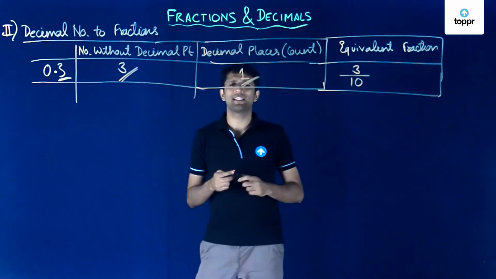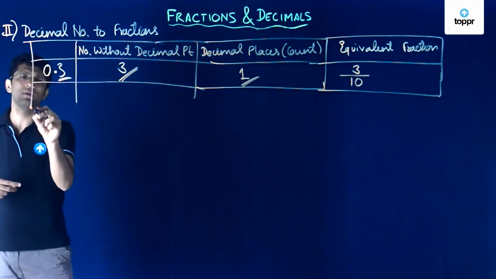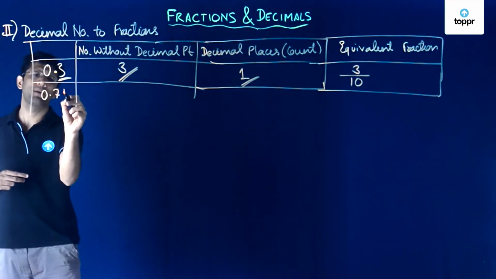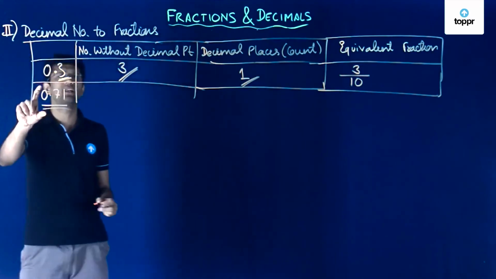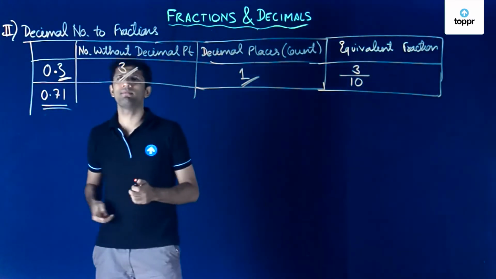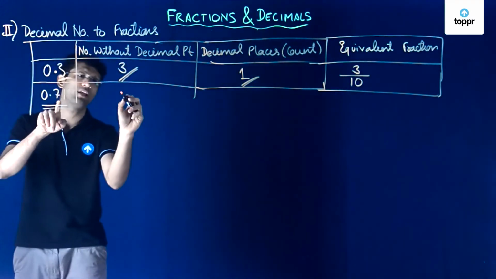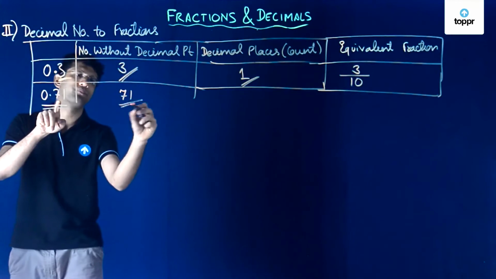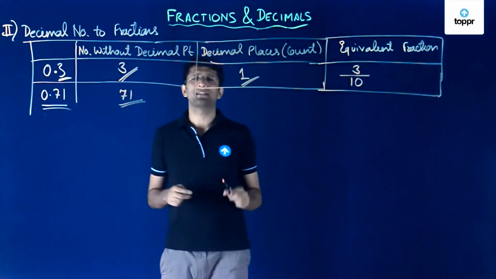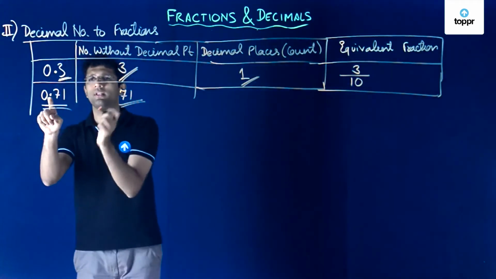Well, let us extend this example and look at yet another decimal number. Now let us assume that the next decimal number we have is 0.71, and we want to convert this decimal number into an equivalent fraction. The steps are exactly the same. The first thing we do is write down this number without the decimal point, and the number without the decimal point is 71. Now I count the number of decimal places, which is the number of digits to the right of the decimal point.